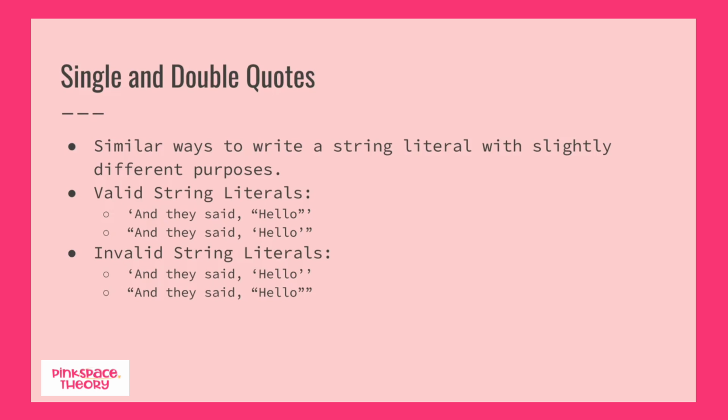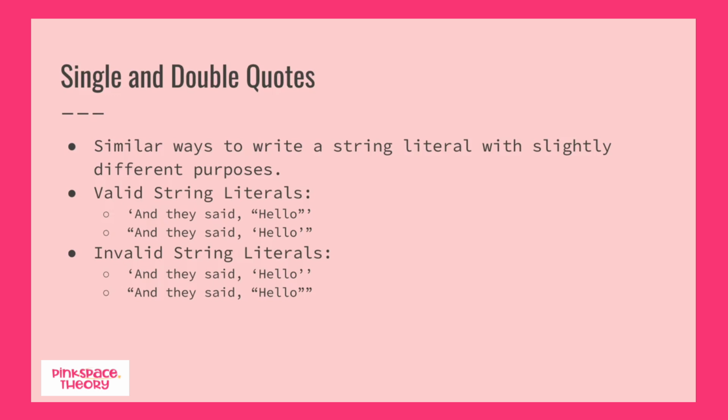For example, here we can see a string literal that says, and they say, comma, double quotes, hello. And in order to make those double quotes part of the string, we use single quotes to encase the entire string, and vice versa for using double quotes so that you can use single quotes inside of a string.